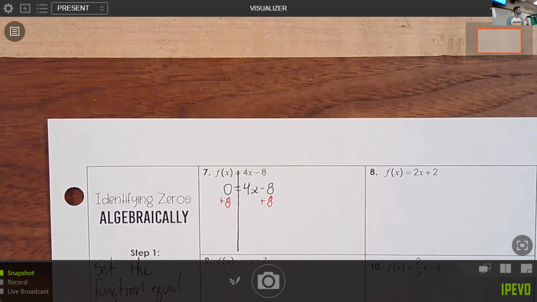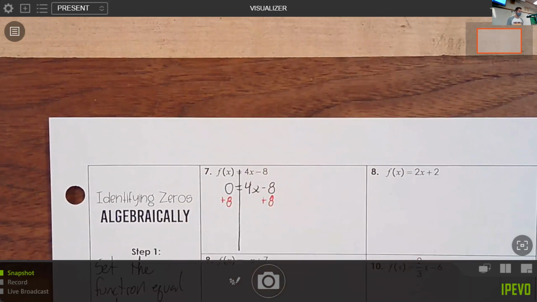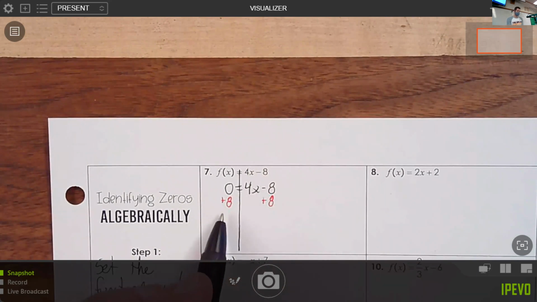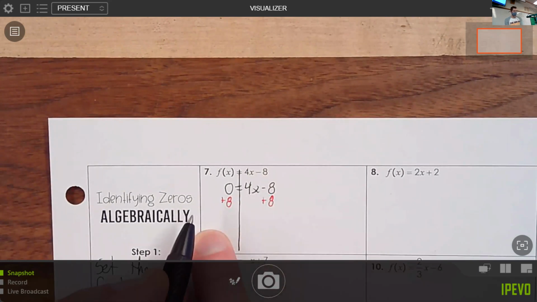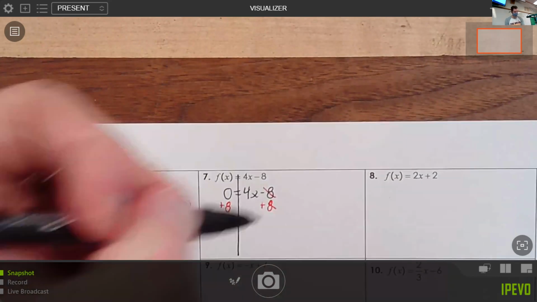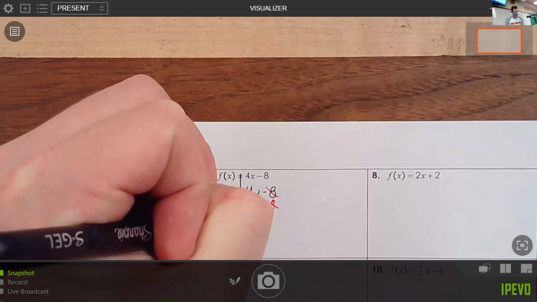So solving for x here, we're just going to use our regular equation solving method. We already have x on this side, so we're just going to move the regular numbers to the left. We're going to add 8 to both sides. Negative 8 cancels with positive 8. So 0 plus 8 equals 8, and that's going to be equal to 4x.